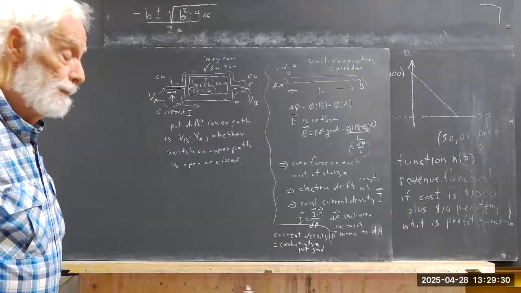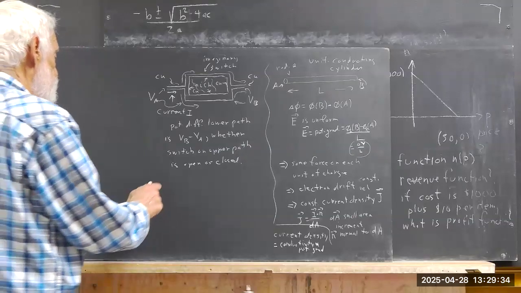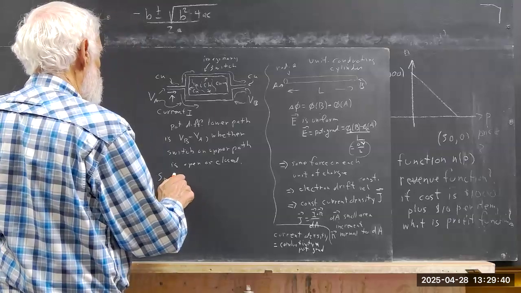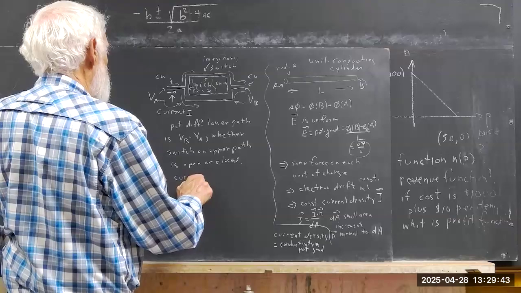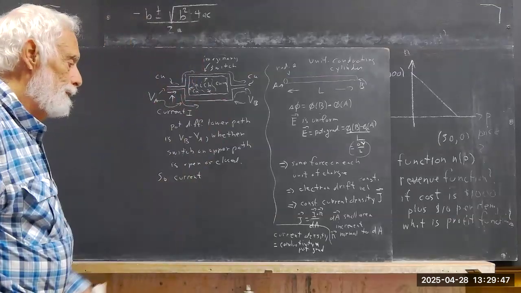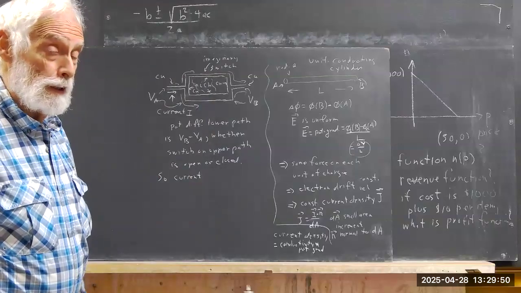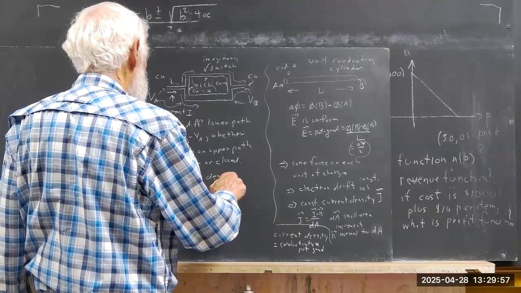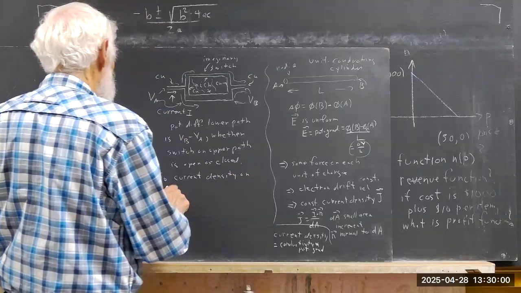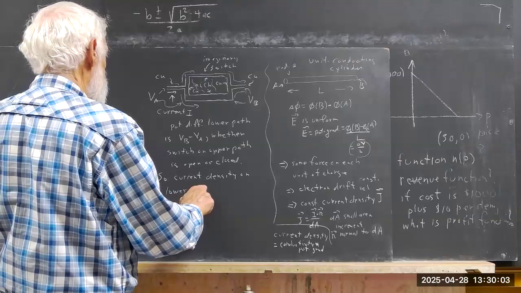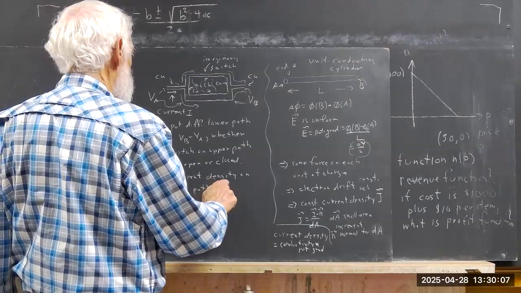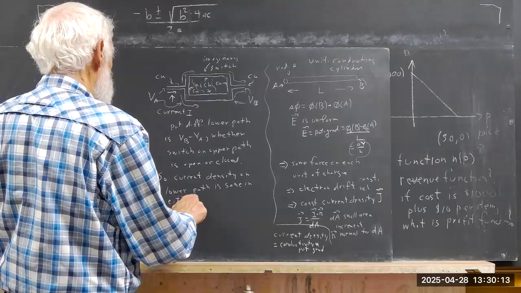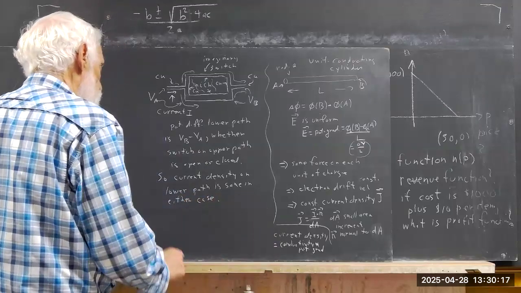Okay. So the current density, which we can then multiply by the cross-sectional area of that chunk of nichrome, is the same in either case.